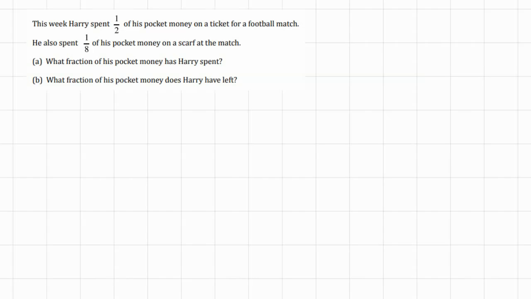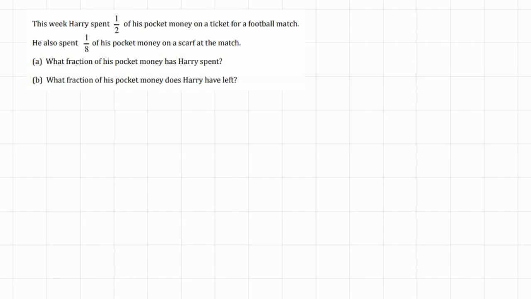Harry has spent 1/2 of his pocket money on a ticket for a football match, hopefully seeing Sheffield Wednesday. He spent 1/8 of his pocket money on a scarf at the match, a Sheffield Wednesday scarf, I hope still. What fraction of his pocket money has he got left?